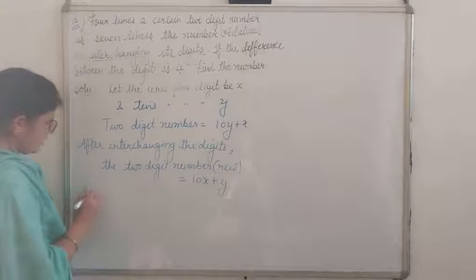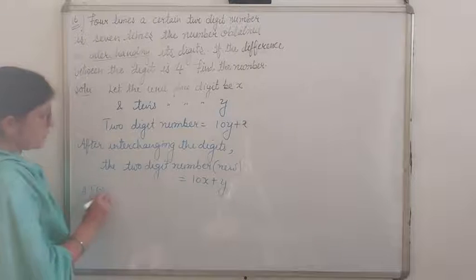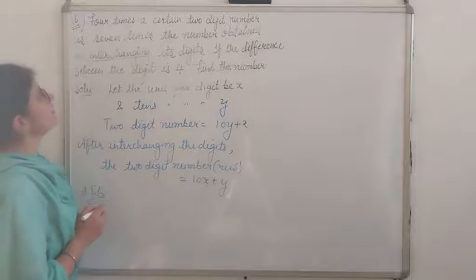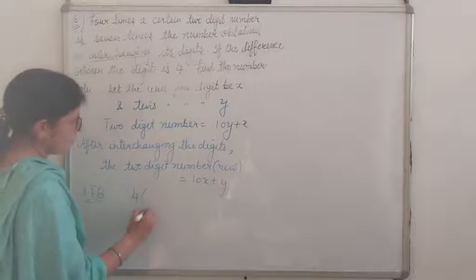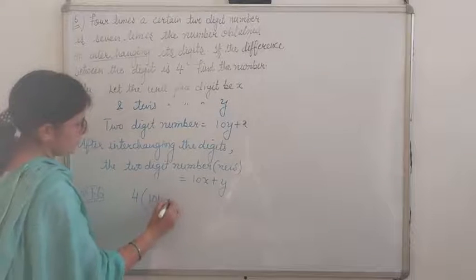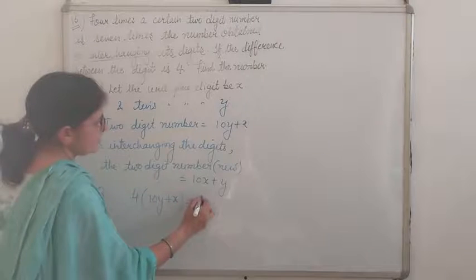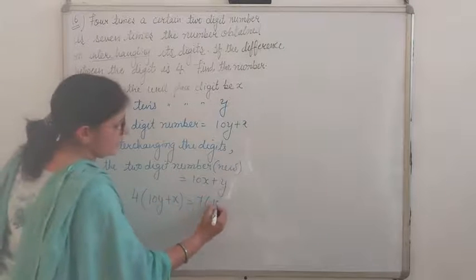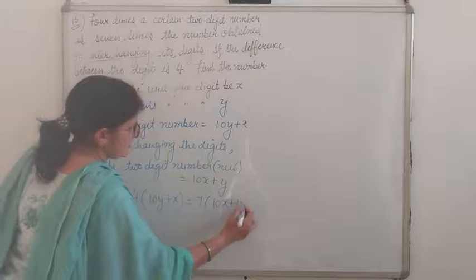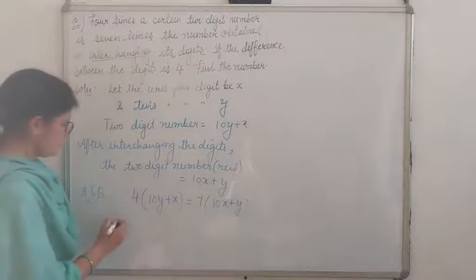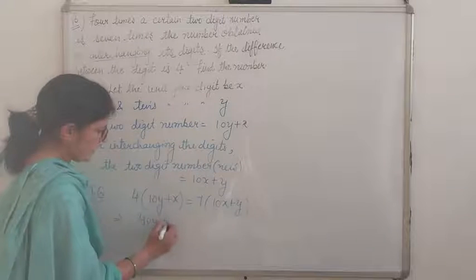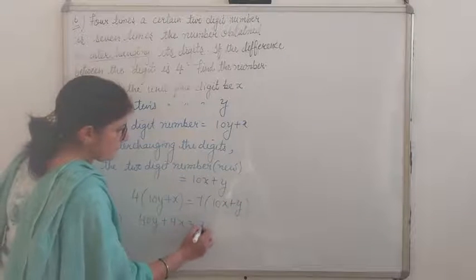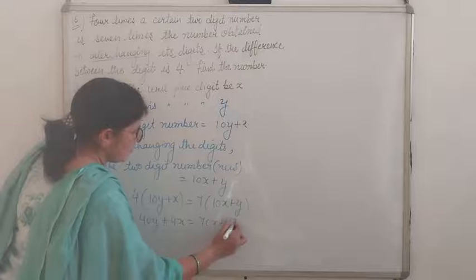Now, according to the condition given in the question, 4 times the original number is 7 times the number which we are getting after interchanging the digits. So multiply: 40y plus 4x is equal to 70x plus 7y.